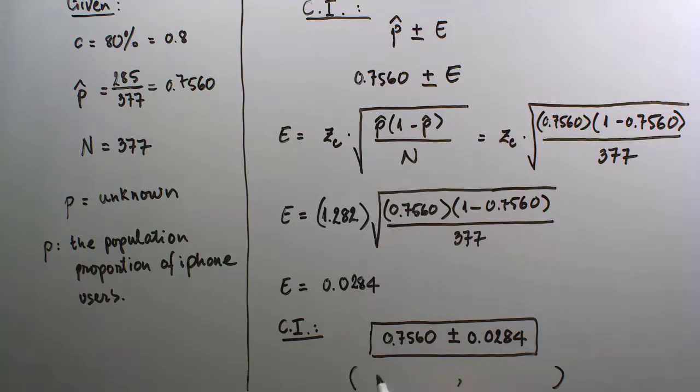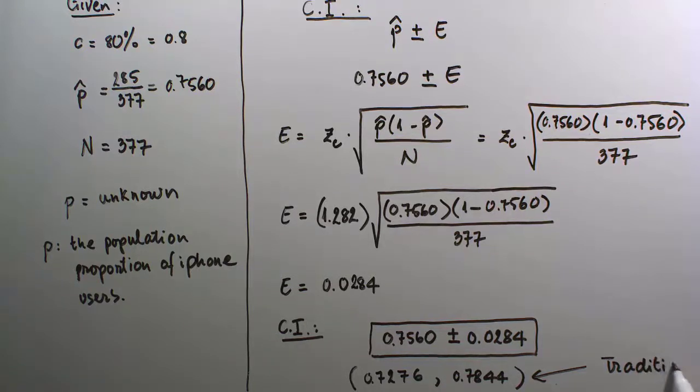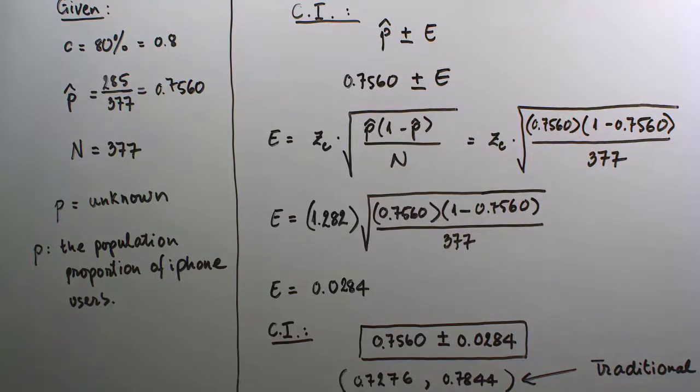So the low of this interval will be 0.7276, and the high of the same interval is going to be 0.7844 after calculation. And so this interval showing low and high, a lot of times I refer to this as the interval in traditional formats, meaning it shows low and high.